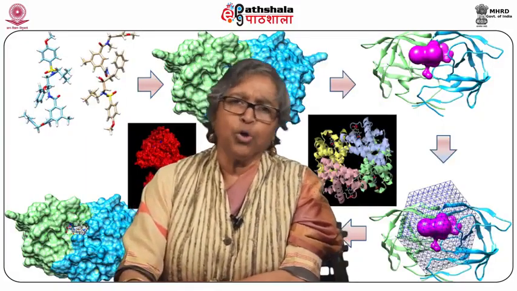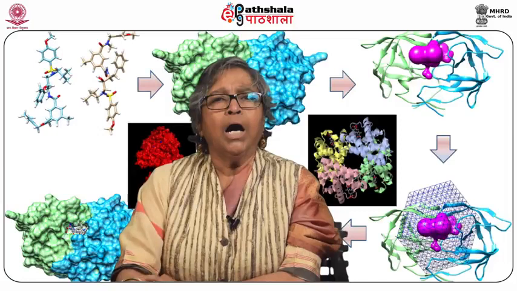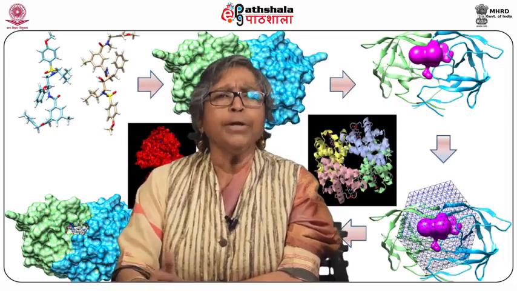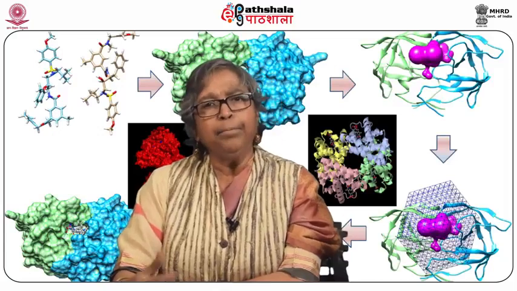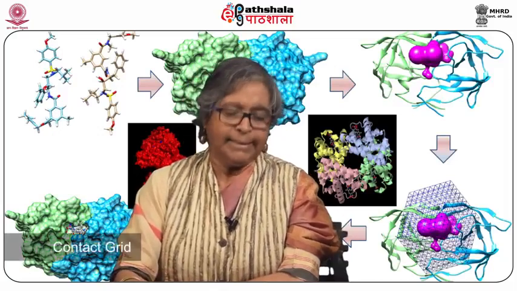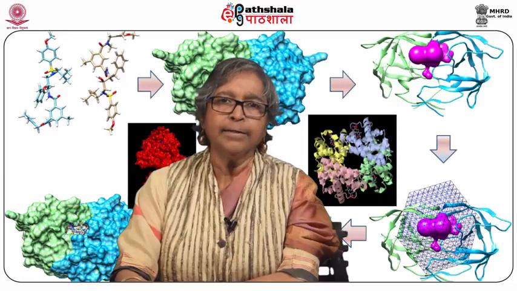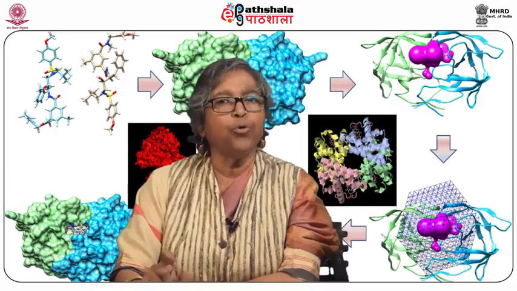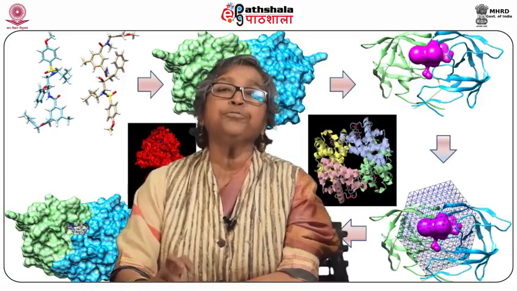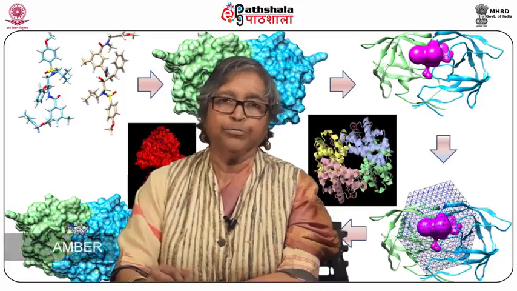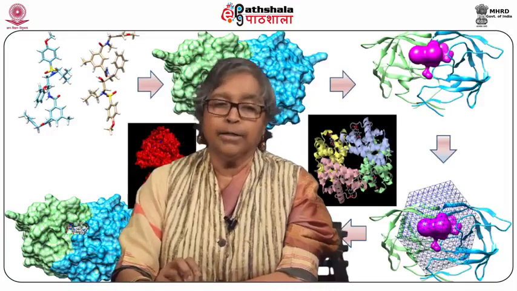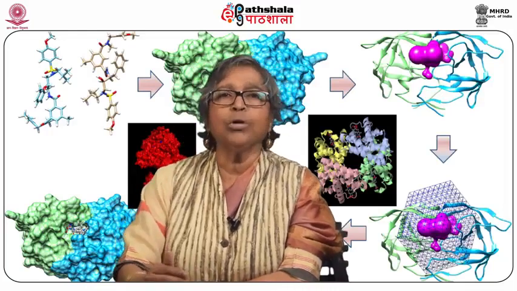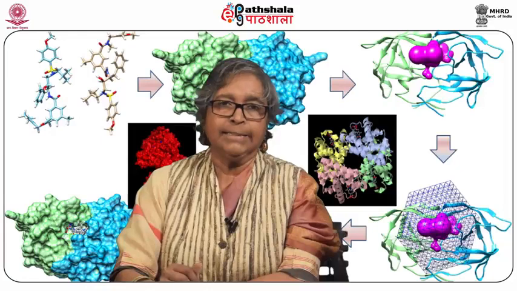As a continuation of DOCK principles, scoring for the best DOCK ligands is done by mapping the ligand onto the contact grid, as I've described earlier, and an exclusive force field is used, like the AMBER force field mostly used in DOCK, which gives a scoring function more like a free energy of binding.